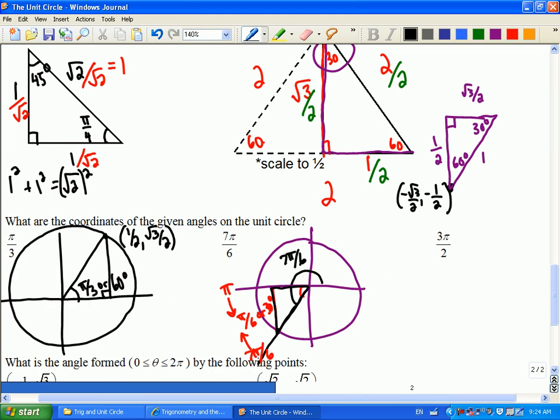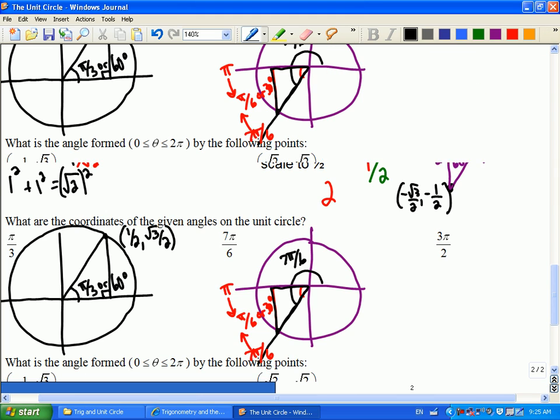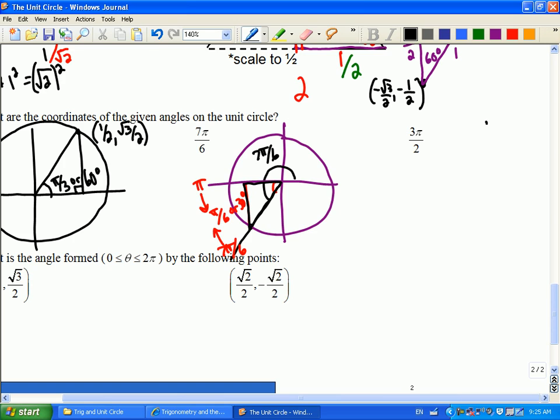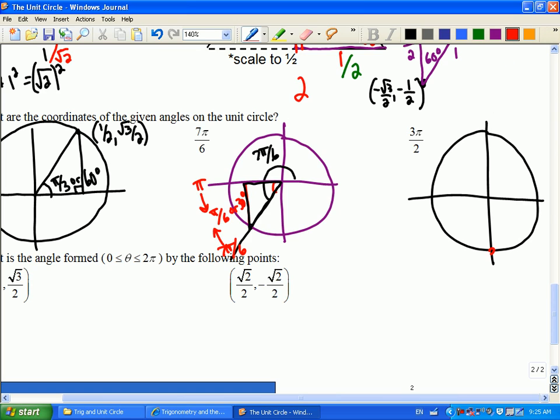What angle is that? Well, it's kind of like a 90. It's 270, right? It goes all the way to the bottom. If you think about 270, where is this? Start with your picture. That's 3 pi over 2 there.